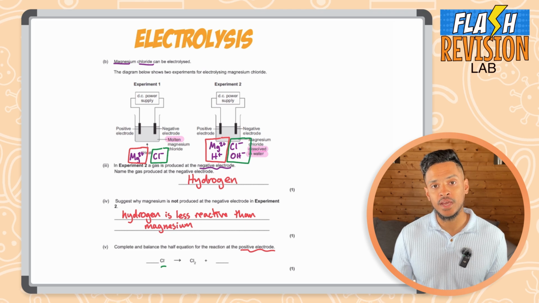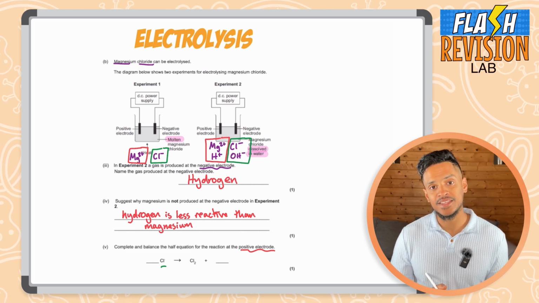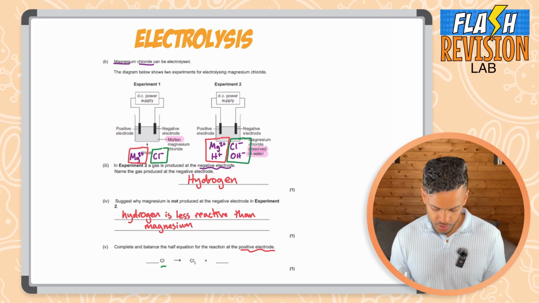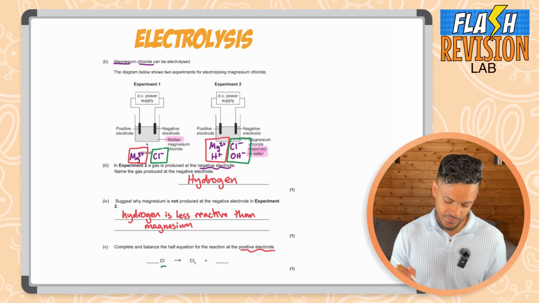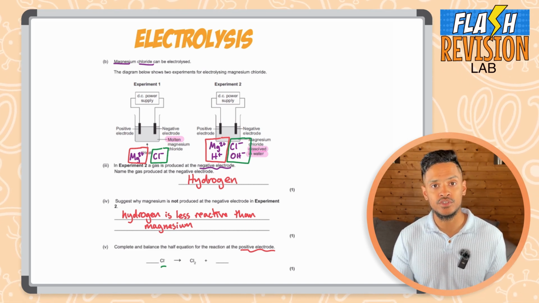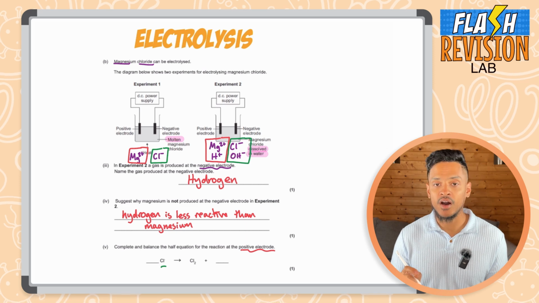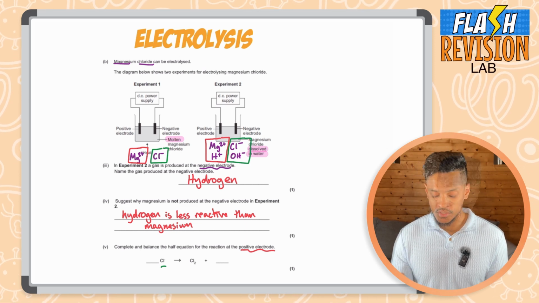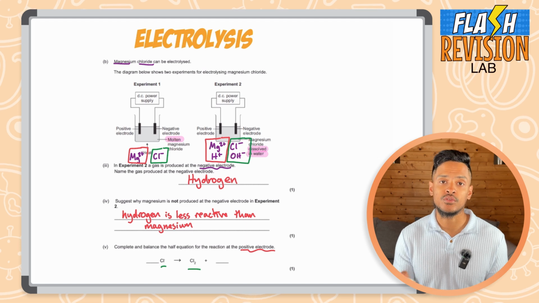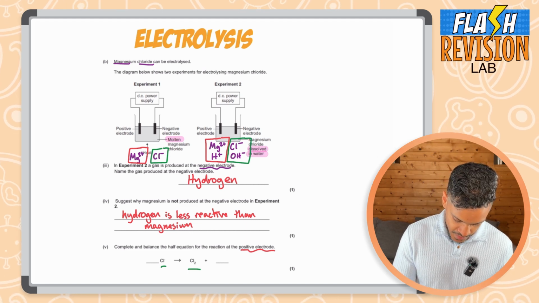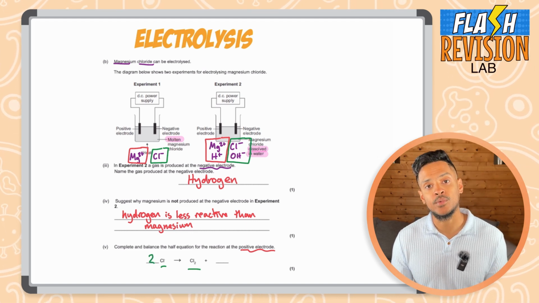What we need to do now is to create this half equation. So the first thing we notice here is chlorine is diatomic. They've given us that already. They've called it Cl2. So we need to balance our chlorines now. Because we have two chlorines on the right, we need to have two chlorines on the left. So we need to add a big 2 in front of Cl-.